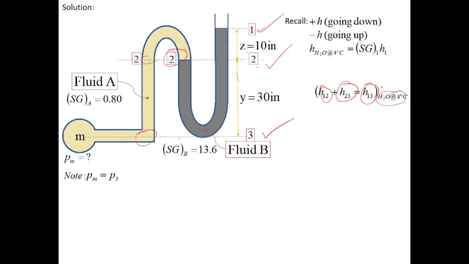Alright? So, recall that the height of water at 4 degrees Celsius is equal to the product of the specific gravity of a certain fluid multiplied by the pressure head of it.